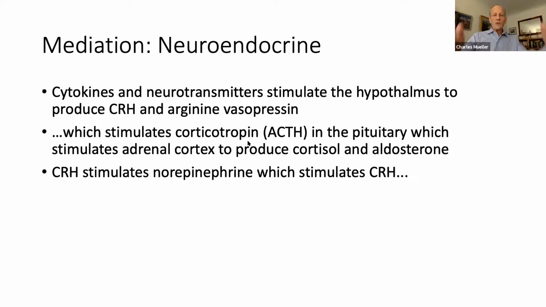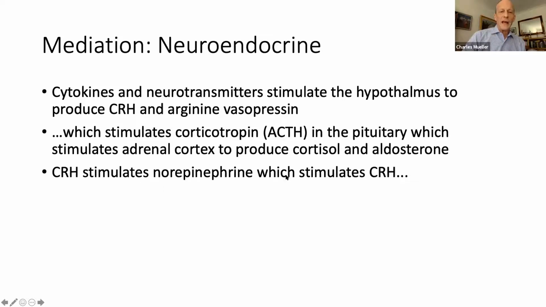And then this is what I learned in the 1980s. We didn't know that neuroendocrine activation was stimulated by cytokines, but cytokines stimulate corticotropin in the pituitary, which stimulates the adrenal cortex to produce cortisol and aldosterone. And then there's a feedback mechanism.